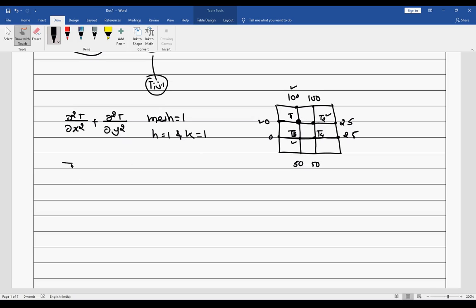Therefore I can write T1 as 1 by 4 of T2 plus 100 plus 0 plus T3. I label this as equation 1. If you have understood equation 1, please type 1, or else you may have your question.